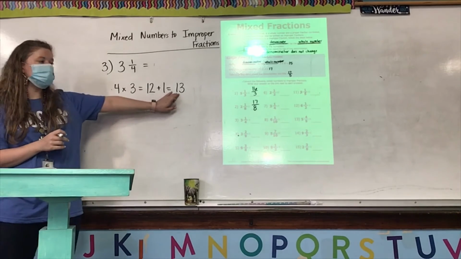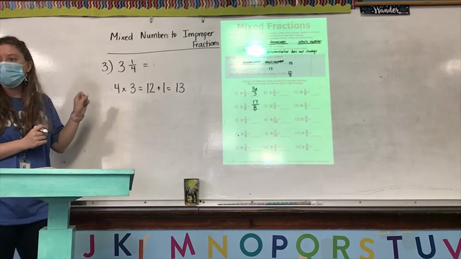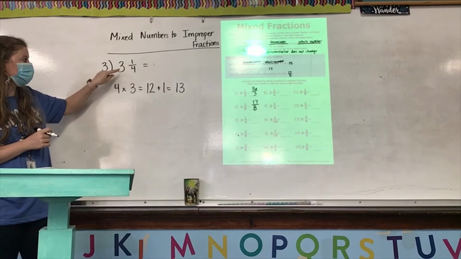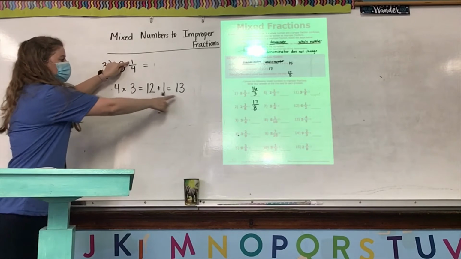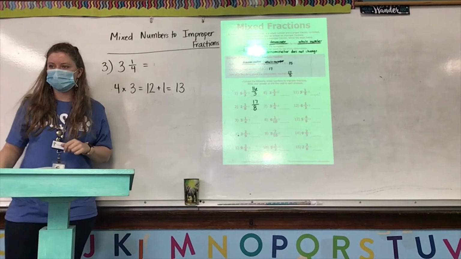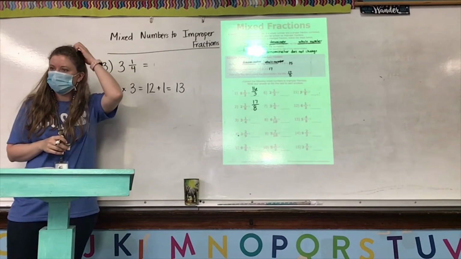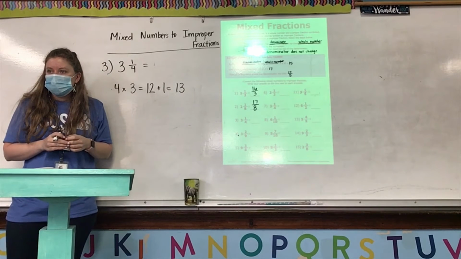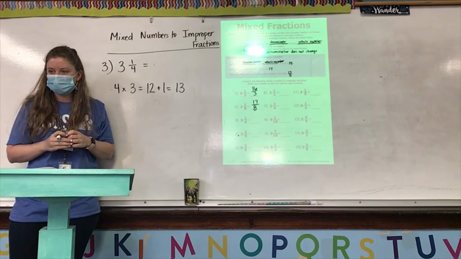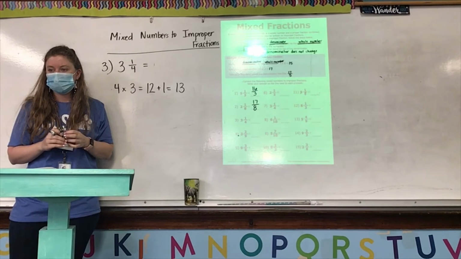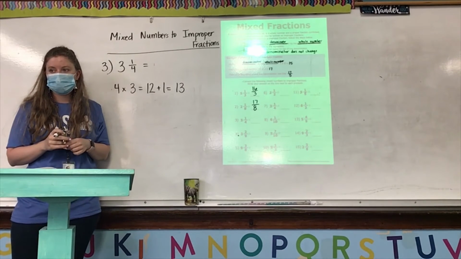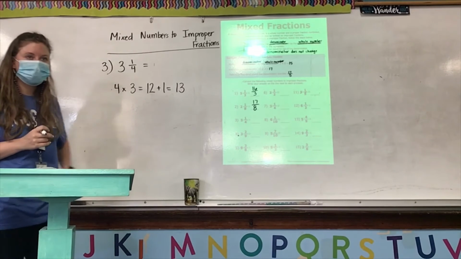We just found the answer to our magic C problem. Denominator times whole number was 12, plus the numerator was 13. So what's next? Why did we do all that? To find... Carla?